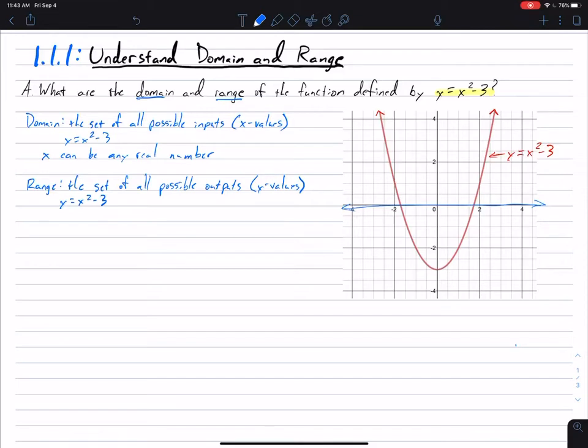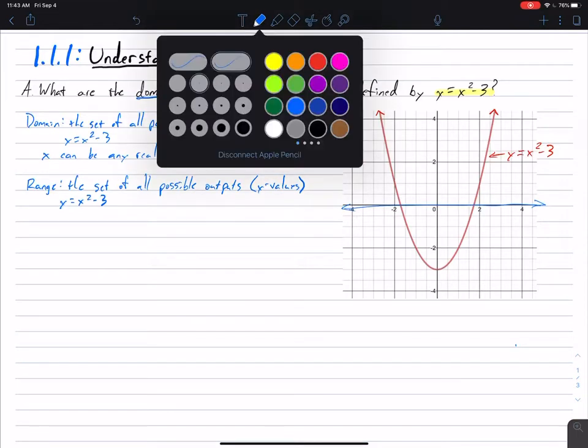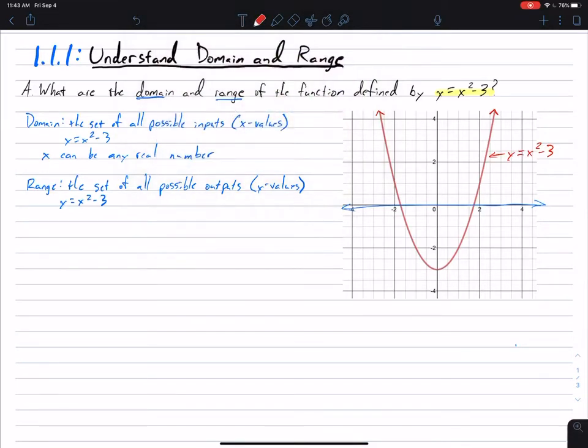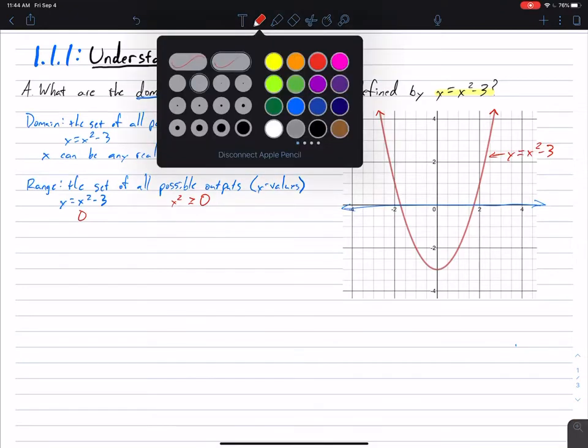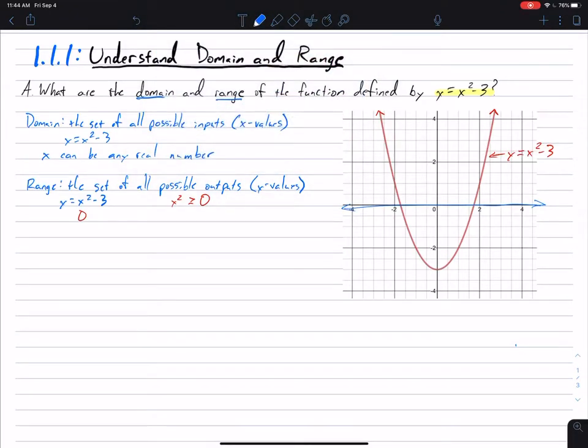No matter what I do to x, x squared, any number squared, is always going to be greater than or equal to 0. So if this x squared is 0, and in this case we're actually talking about a minimum, then y is going to be equal to 0 minus 3.